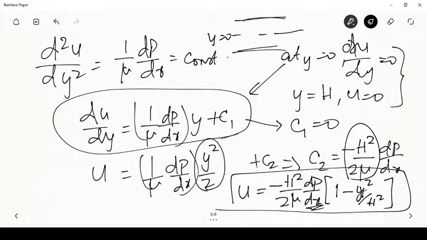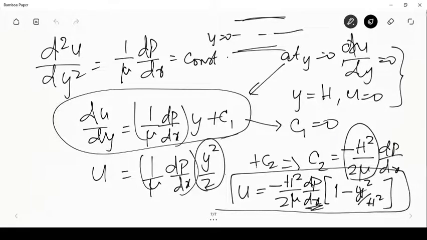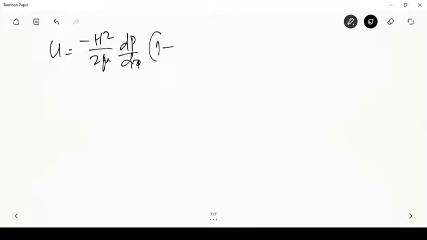Now if I substitute y equal to 0, then u is equal to minus h squared by 2 mu dp by dx into 1 minus y squared by h squared.